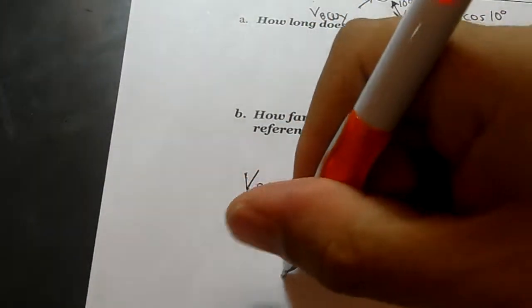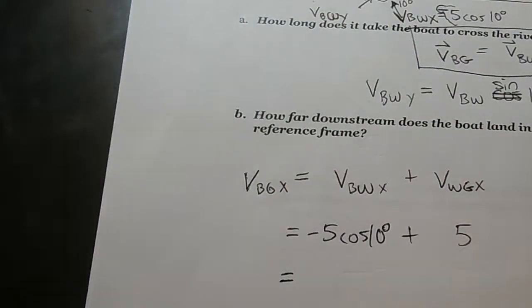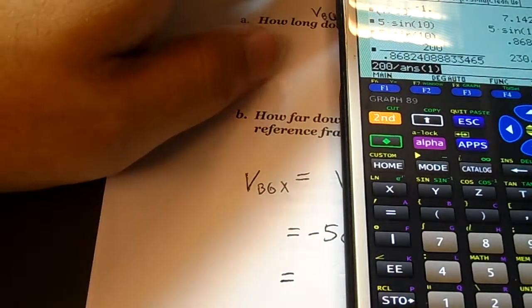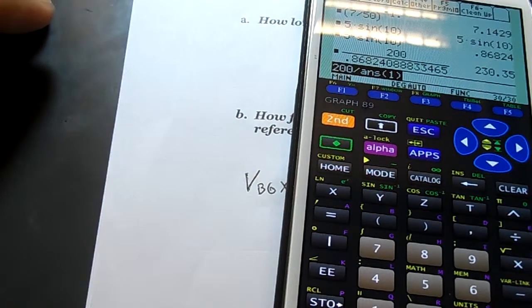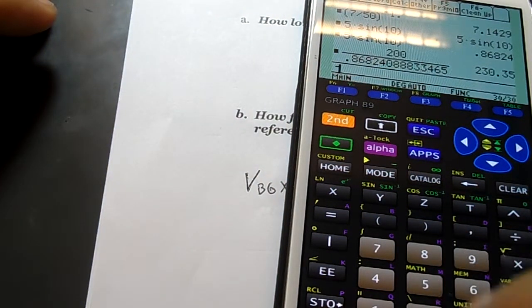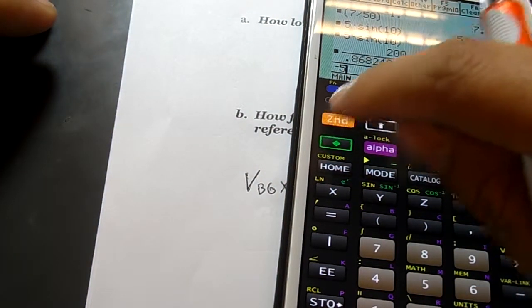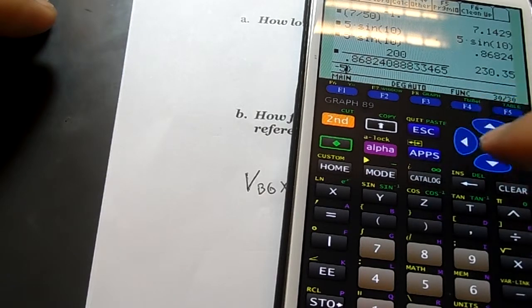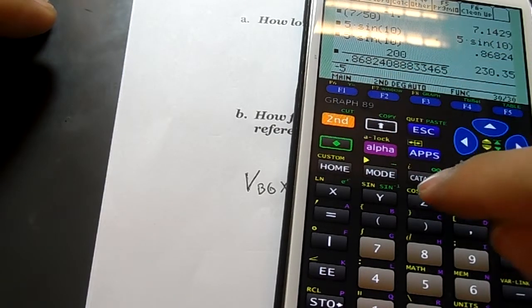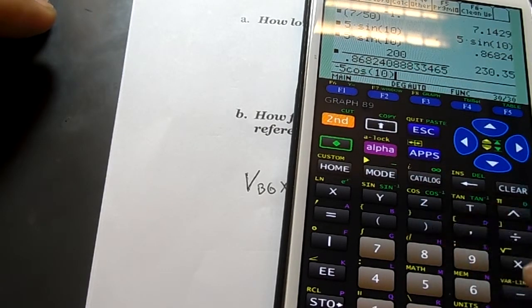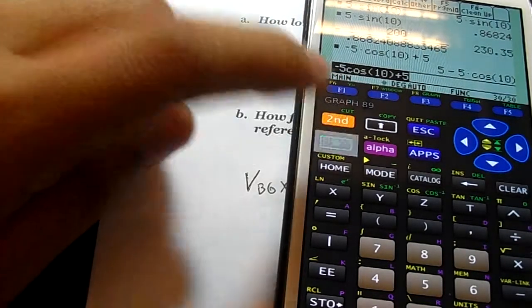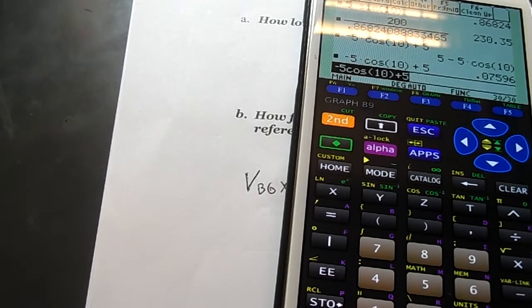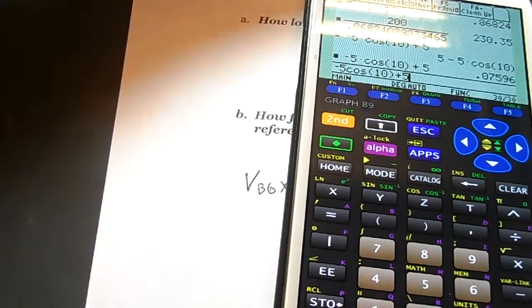And figuring out what that's equal to, just using the calculator again. Negative 5 times the cosine of 10 plus 5. And again, I have to do that. 0.076 is the answer.